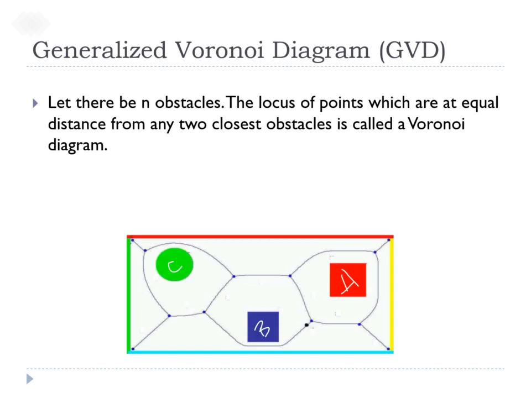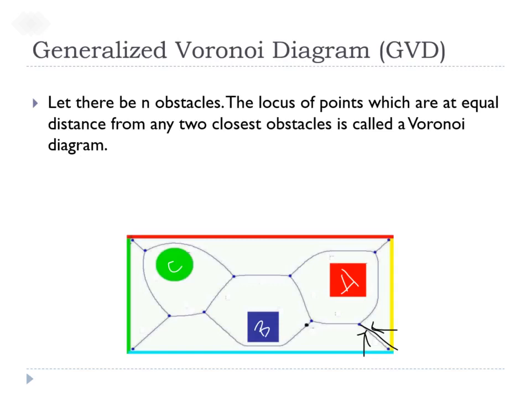So starting from this location, if I move, you can see that any point on this line segment is at equal distance from both the boundaries. And so, in the same way, we find out that any point which is at an equal distance from two nearby obstacles, the locus of all those points is considered to be the generalized Voronoi diagram.